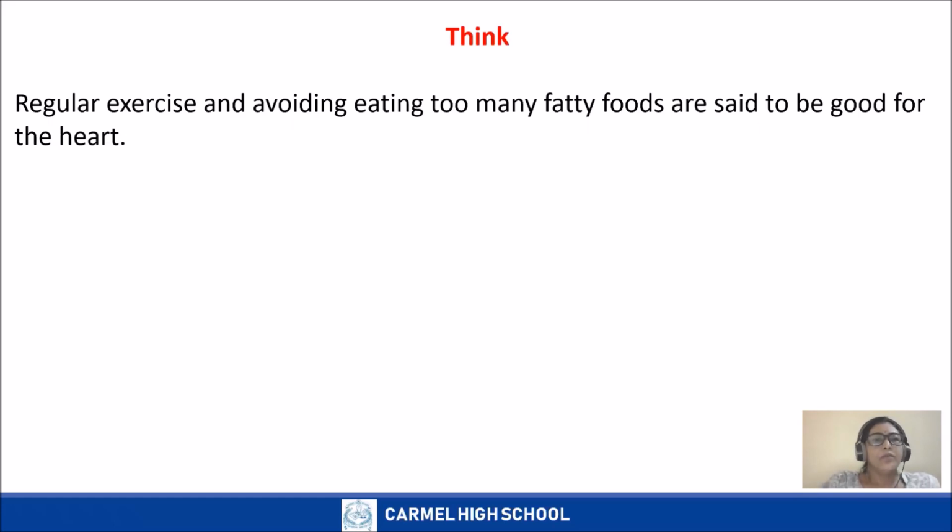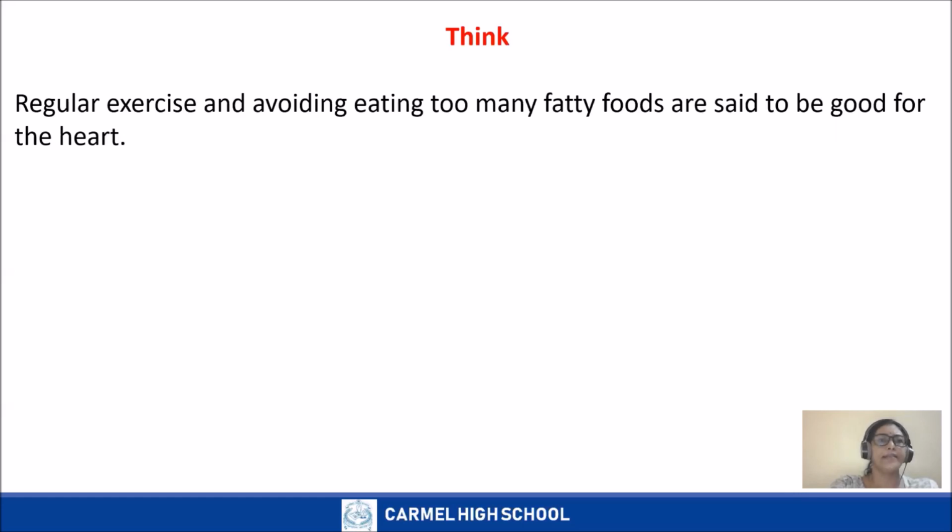Now, we always suggest to everybody that you should do regular exercise and have the right amount of food, take a lot of vegetables and fruits, and avoid junk foods or fatty foods, right? Now, what is all this said for? What does exercise do?